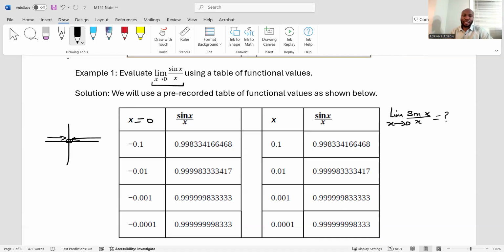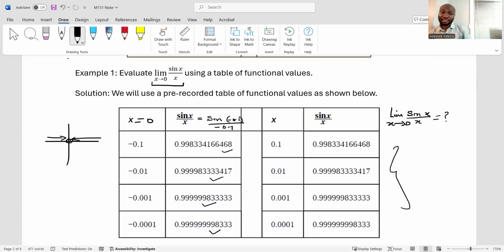And then you can evaluate this, say sine of negative 0.1 divided by negative 0.1. So if you put that in your calculator, then you should be having something like this. And you can do everything. You can evaluate this, evaluate this, and all this.